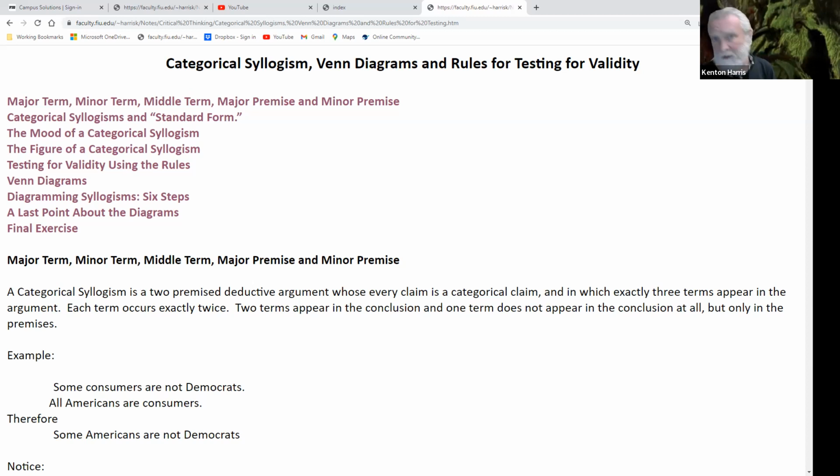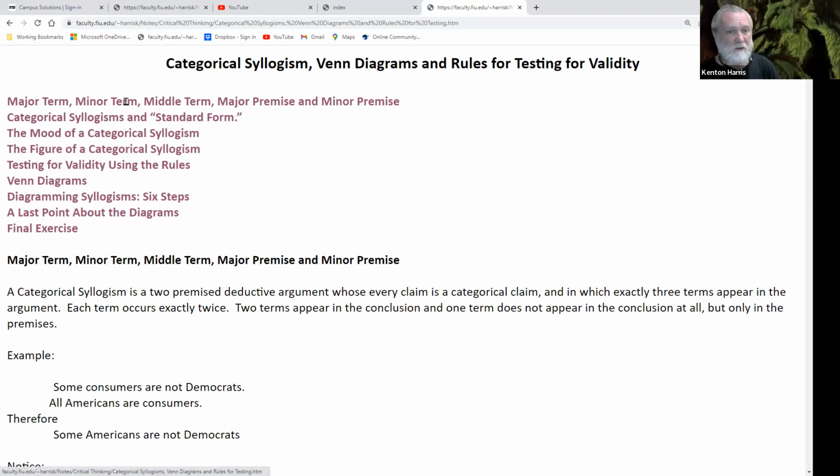We're going to talk about the mood and also the figure of categorical syllogisms. We'll be looking at testing for validity using rules, testing for validity using Venn diagrams, and then we'll do some exercises, okay? So this is how we begin.